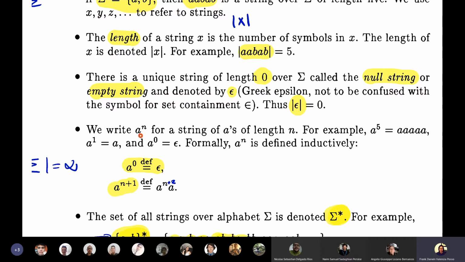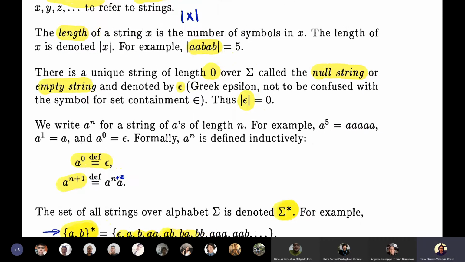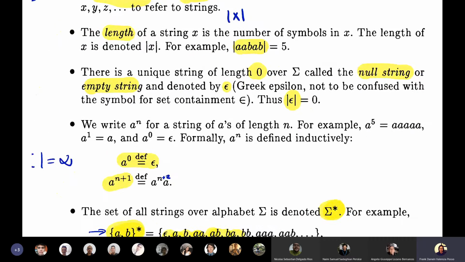We're going to write a to the n as the string that has n a's. That means the string with only a's of length n. So a to the 5 will be aaaaa.